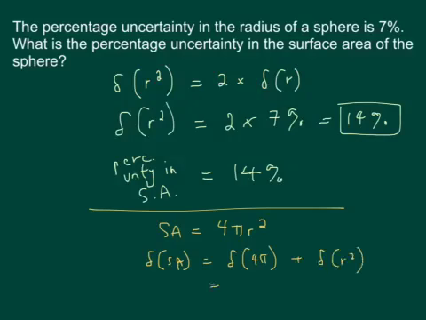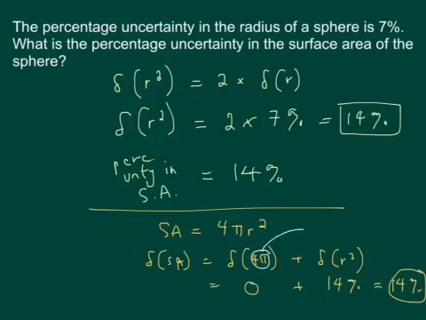And of course, 4 pi is perfectly certain. It has no uncertainty, so this first term is 0. And the second term, we just found, is 14%. 0 plus 14% is 14%. And the beautiful thing about this is that you might have been wrong about the surface area equation.